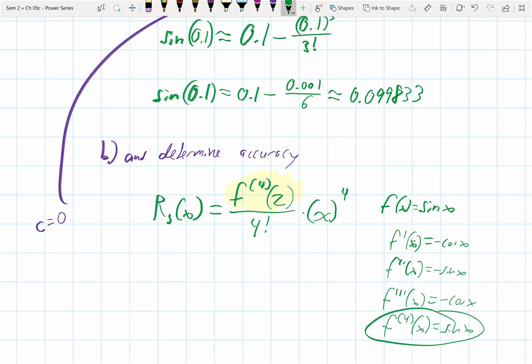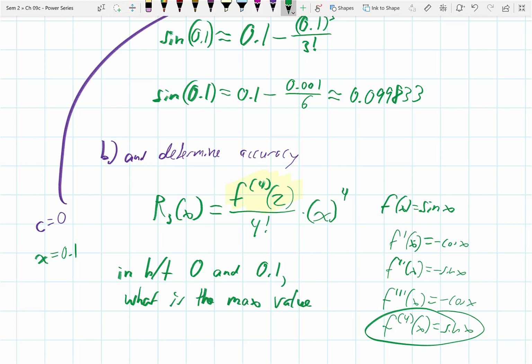So I know that the fourth derivative is the sine of x. I know that my c value is 0, and I know that my x value that I'm trying to find is 0.1. So what I'm basically saying is, in between 0 and 0.1, what is the max value of the fourth derivative?